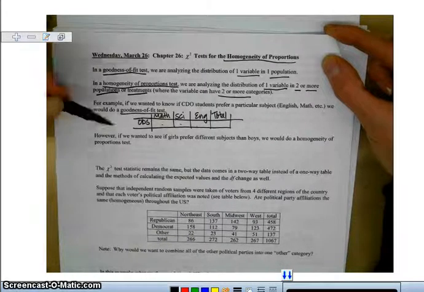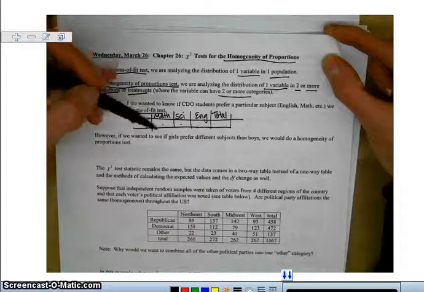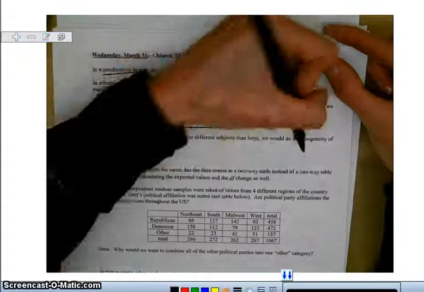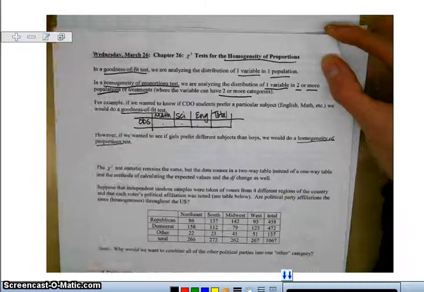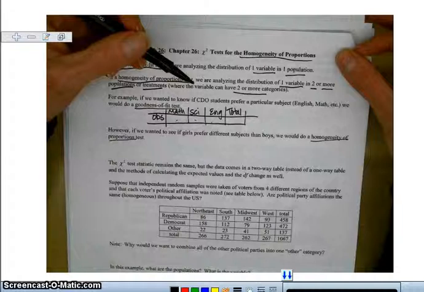Today we're learning a new test. Let's say I want to do the same thing, but I want to see if girls prefer different subjects than boys. So I would do what's called a homogeneity of proportions test, in which case my table becomes bigger. It becomes a two-way table.